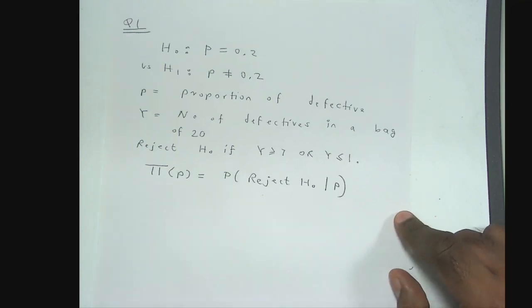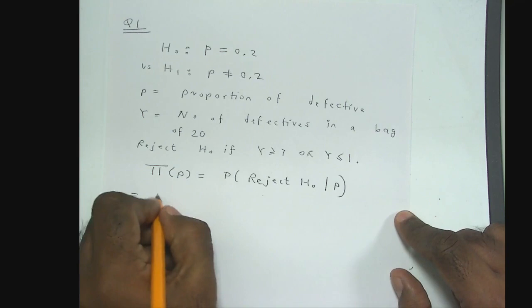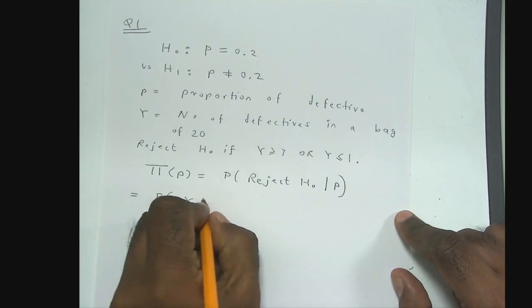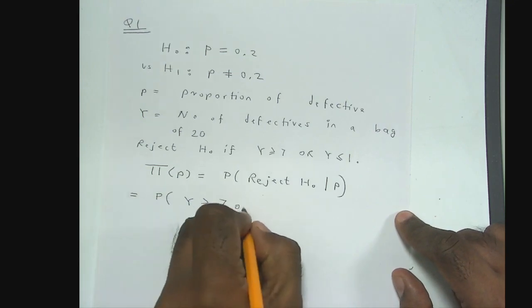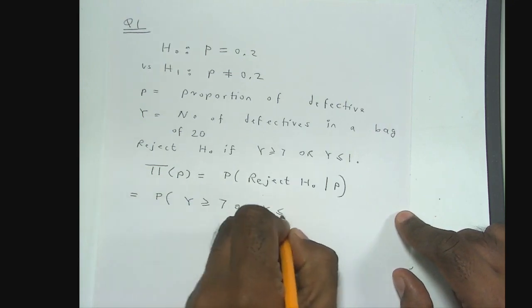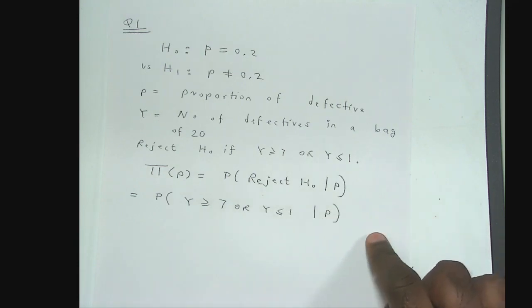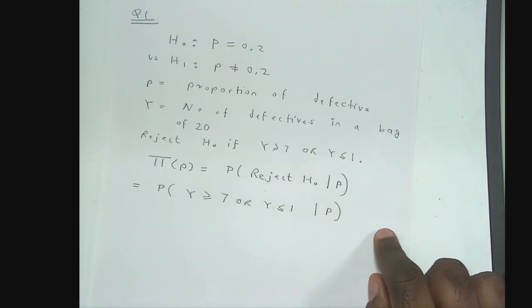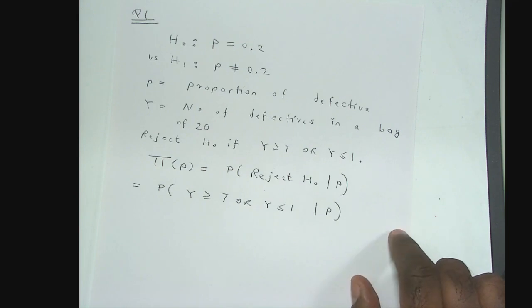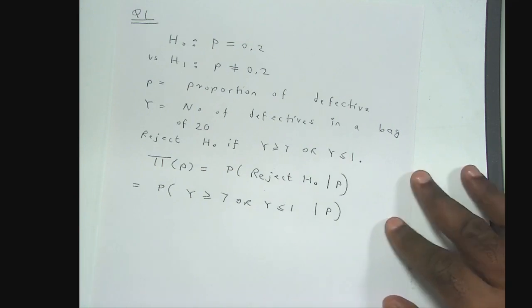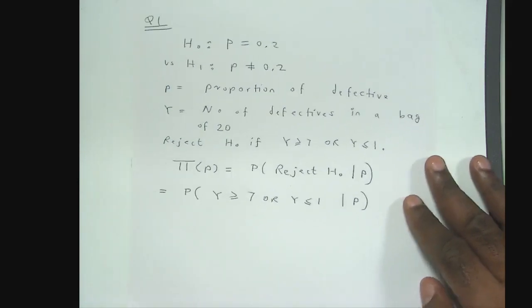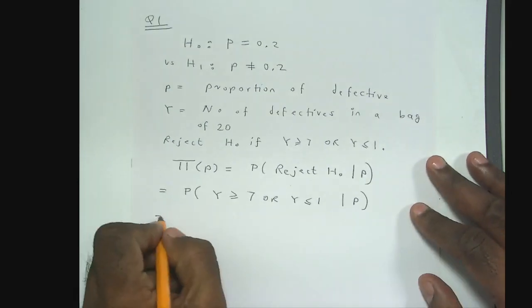Okay. So this is the probability that Y is greater than or equal to 7 or less than or equal to 1 given the value for P, where Y represents the number of defective items in a bag of 20 items. So now I'm going to use the complement rule.